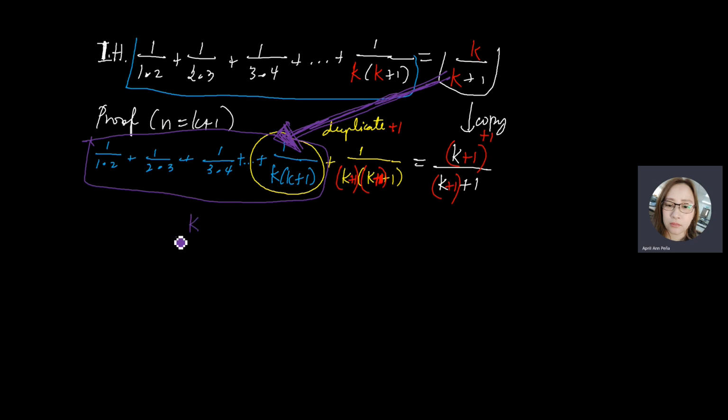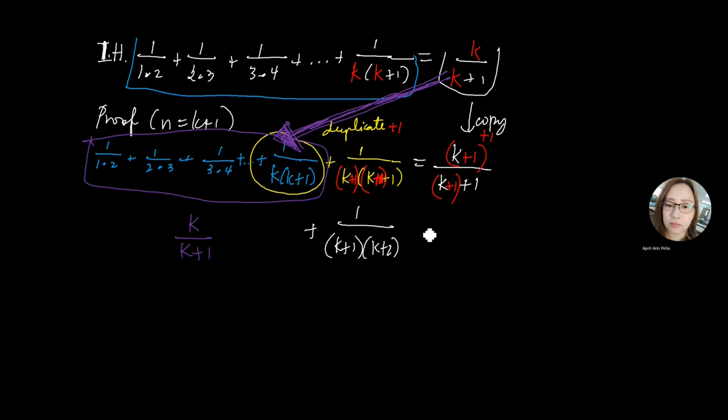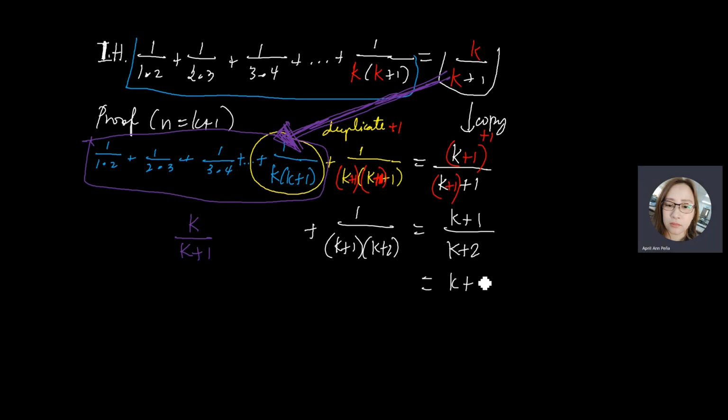So that would become k over k plus 1. All right? And then you're going to copy the rest. So we do have here plus 1 over k plus 1 times k plus 1 plus 1. So that is k plus 2. Then on the right side, we do have k plus 1 over k plus 2. Like that. So the right side is already simplified.